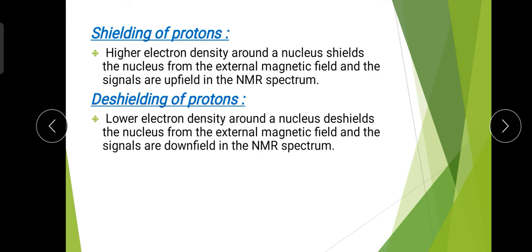That means if the number of electrons around the nucleus is less, then the nucleus is de-shielded from the external magnetic field, and due to this de-shielding the signals are downfield in the NMR spectrum.